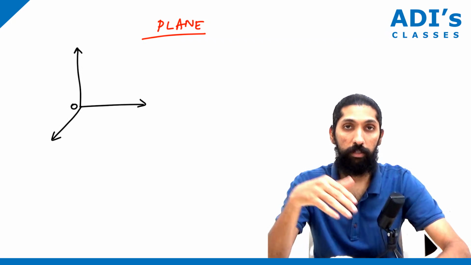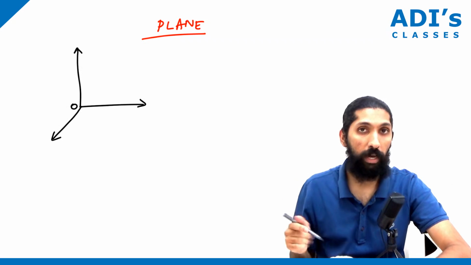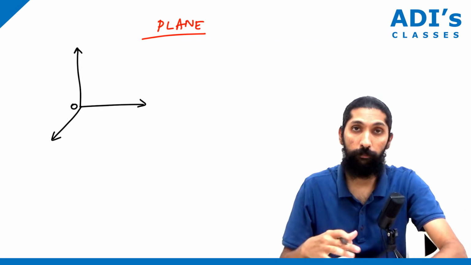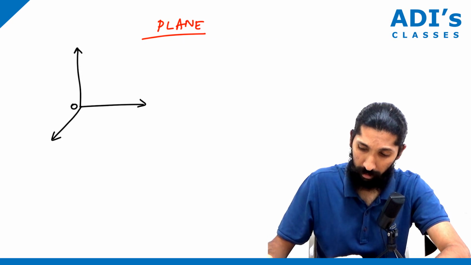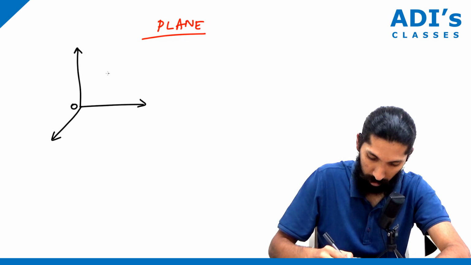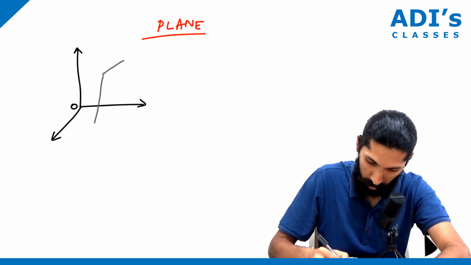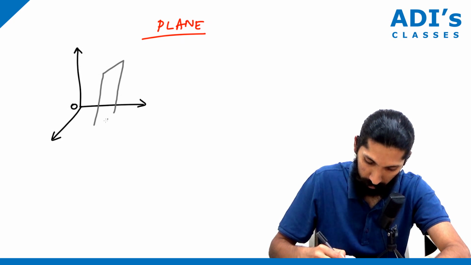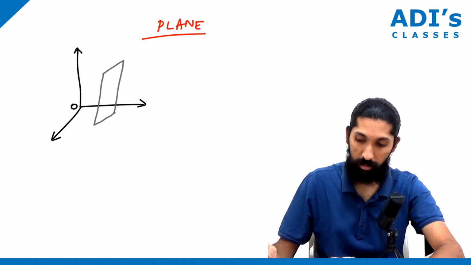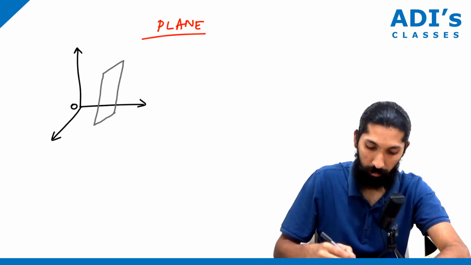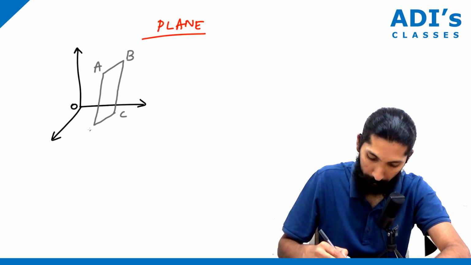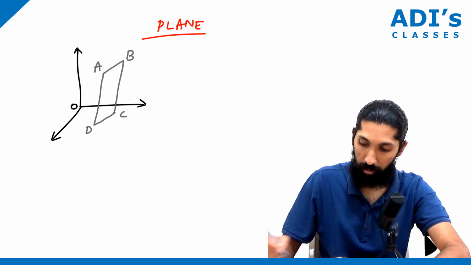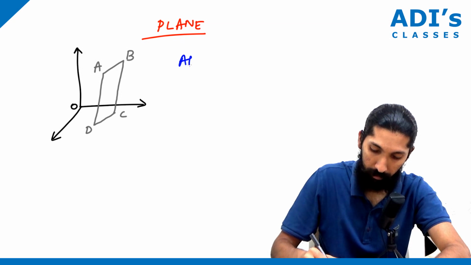Correct? That means in the XYZ axis, that means in space, if we have to write a plane, we can write something like this. See something like this. This becomes a plane. Or here you can write this A, B, C, D. Now here A, B, C, D is a plane.